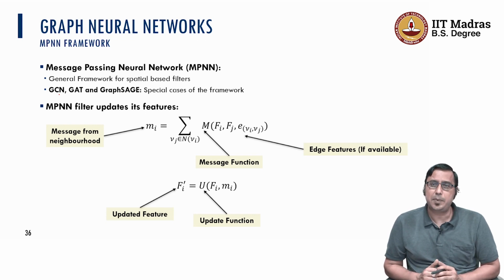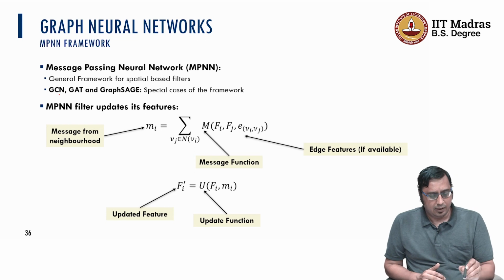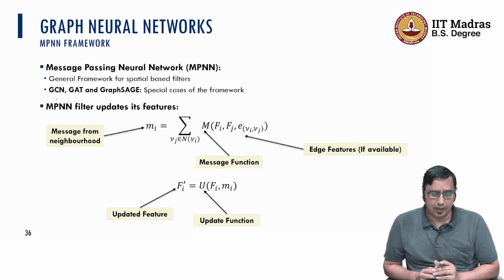And the ones we have seen so far do not allow us to include the edge features. However, there are MPNN filters which update features not only using the features of nodes but also edge features, if they are available.